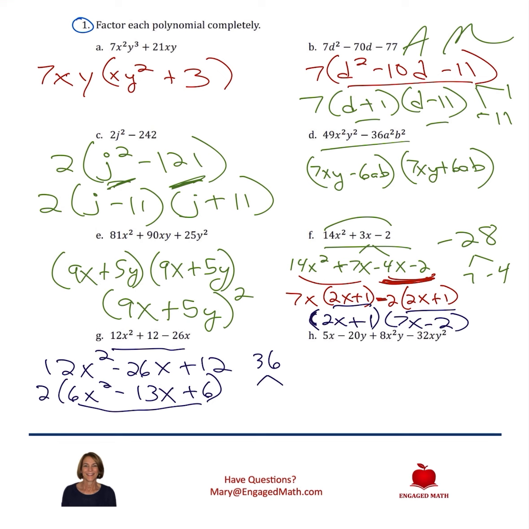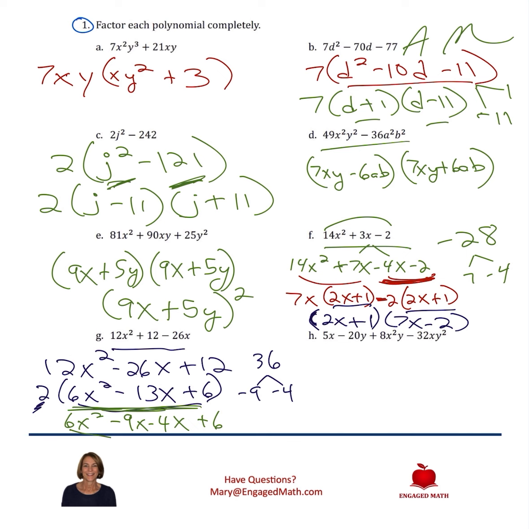The two numbers that multiply to positive 36 and add up to negative 13 are negative 9 and negative 4. This 2, I'm going to come back to that and make sure we remember to put that in our final answer. But right now, I'm only going to focus on this part right here. So I'm going to split the middle term: 6x squared minus 9x minus 4x plus 6.